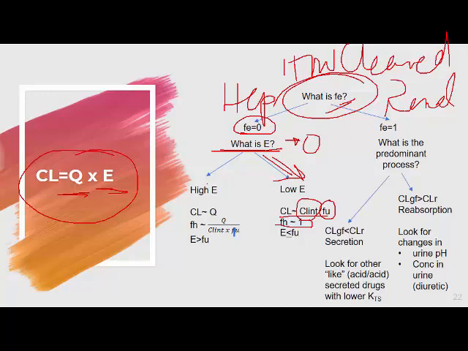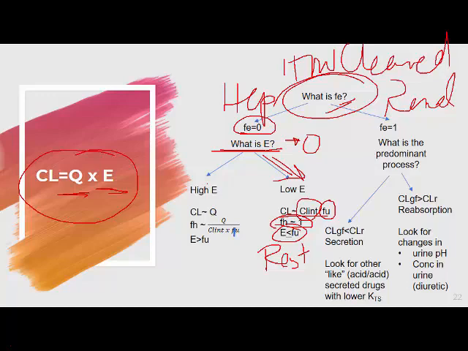And we know that the fraction that escapes that first pass effect is approximated by 1. We also know that it's going to undergo restrictive clearance, which means that only the free drug will be available for being eliminated. Only free drug will be fair game for those enzymes. So E will be limited by just the drug that is unbound.